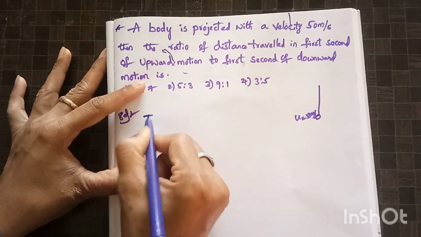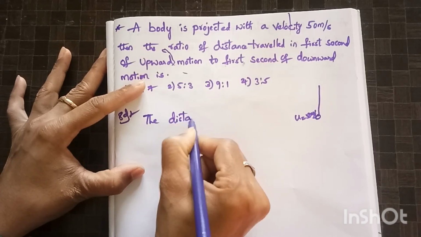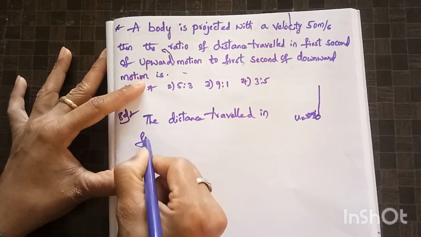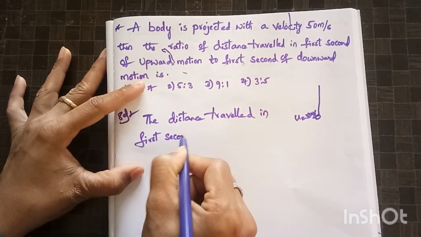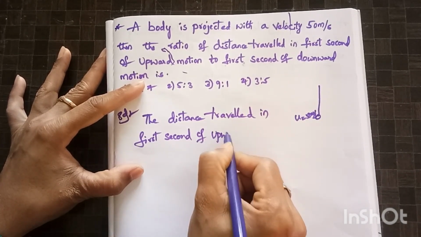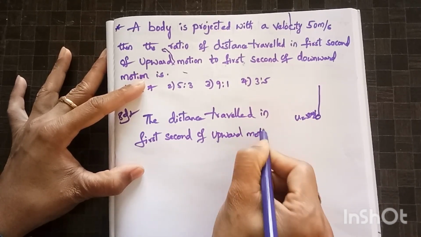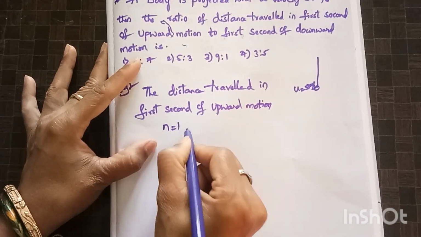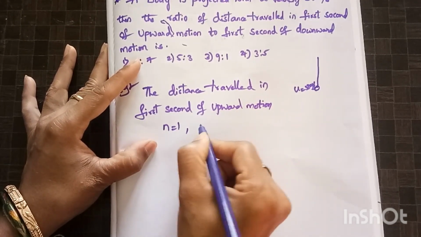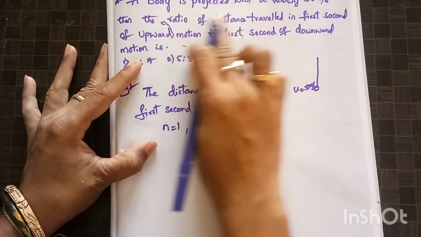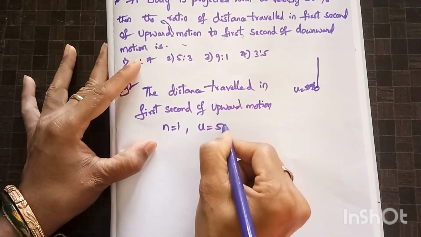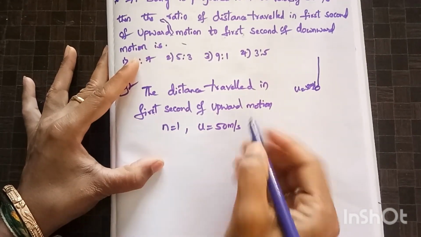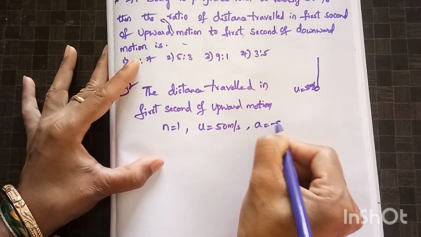So the distance travelled in the first second of upward motion. Here n equals 1. For upward motion, u equals 50 meter per second, and a equals minus g.